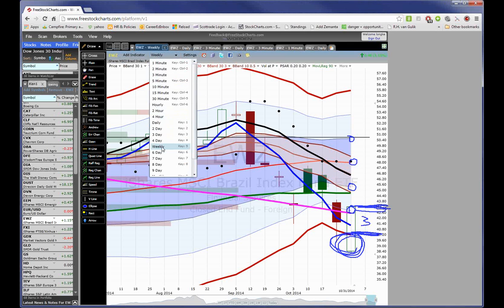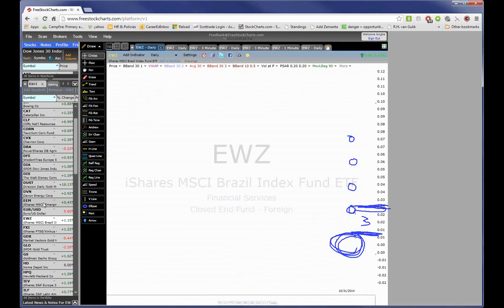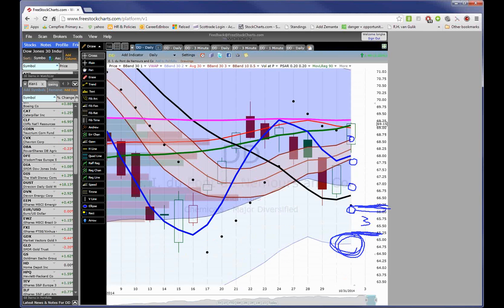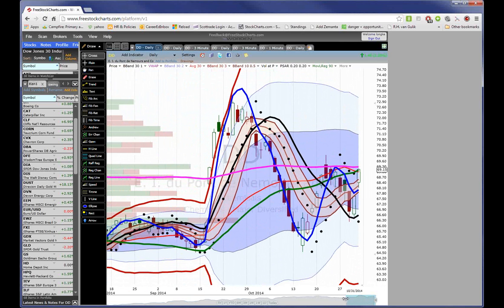Okay, let's go back to our dailies. I want to look at DuPont. What I like about DuPont here is it found support down here, this double bottom, found support here, higher low.